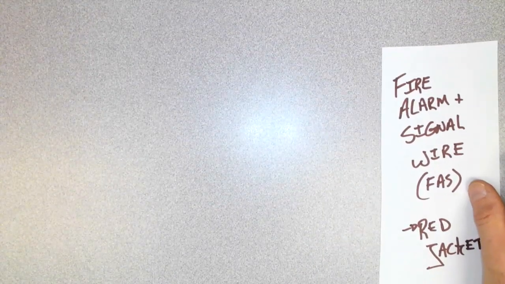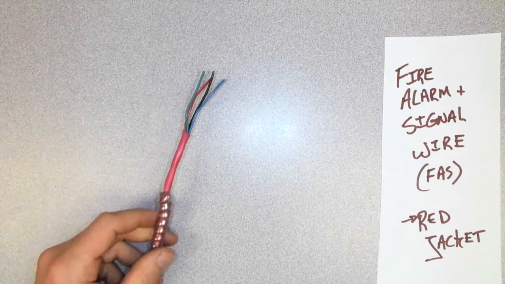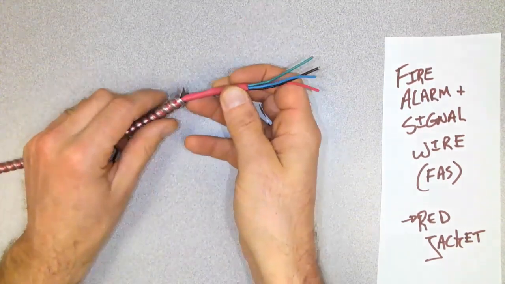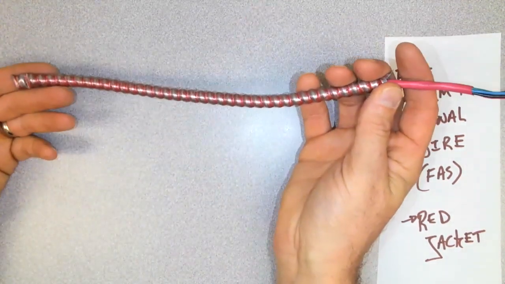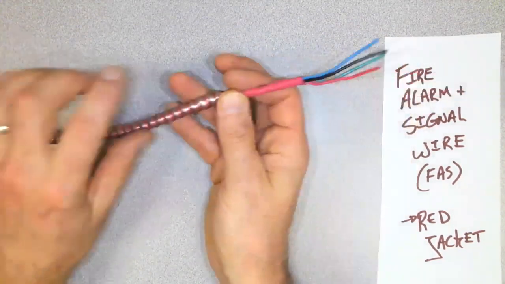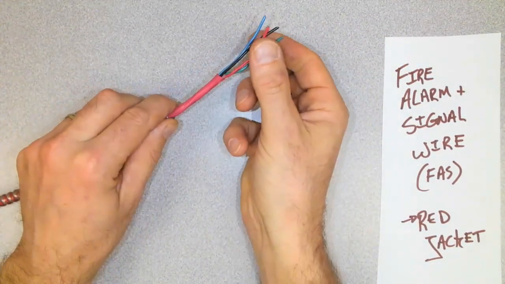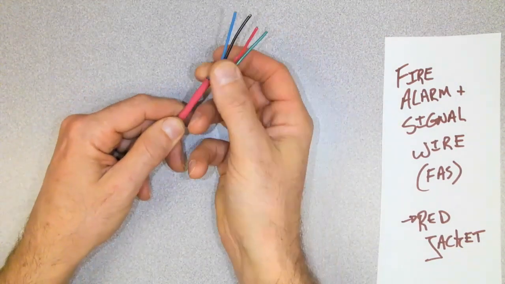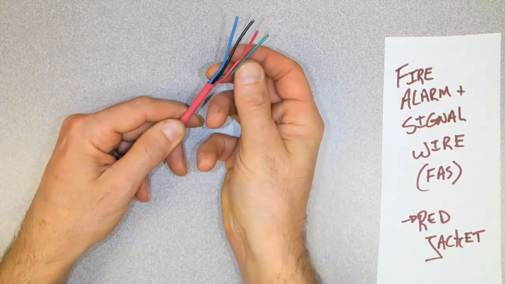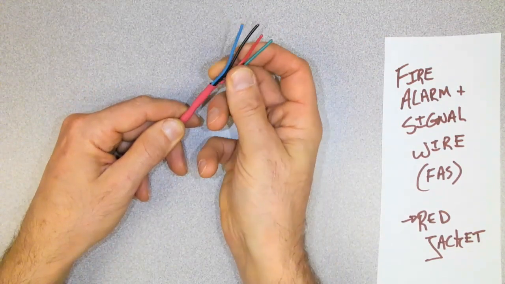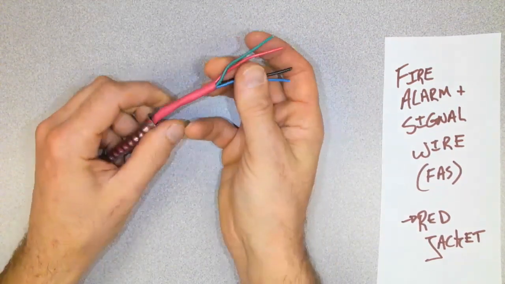What about those of us who do some fire alarm work? Well, fire alarm cable is pretty common in the industry, and it can come in 2 different variations. It can either have an armor on it like this, or it can simply be the cable itself and no armor whatsoever. You can get varying numbers of conductors, but most often a 5 conductor or 4 conductor is seen in industry.